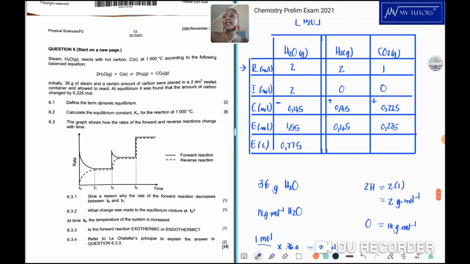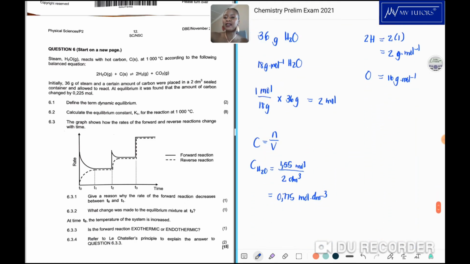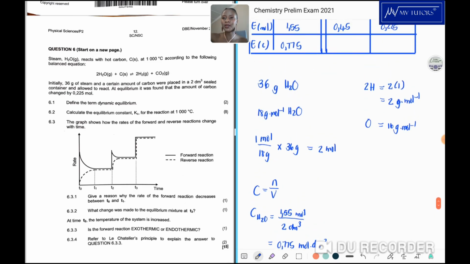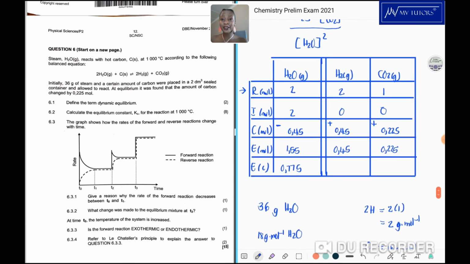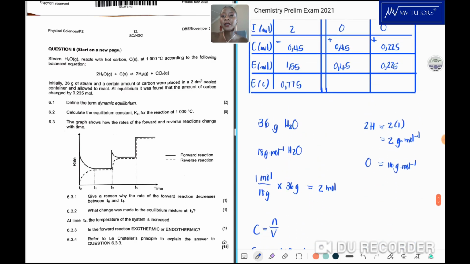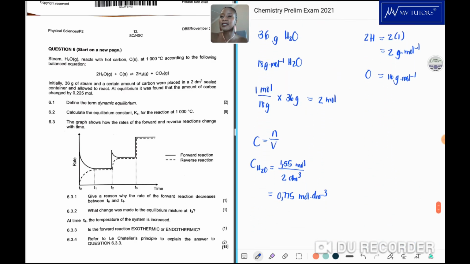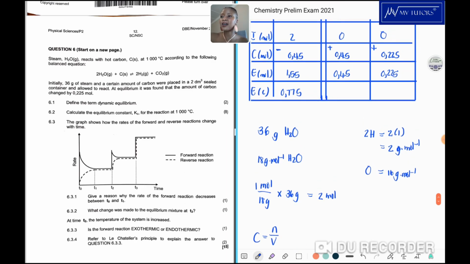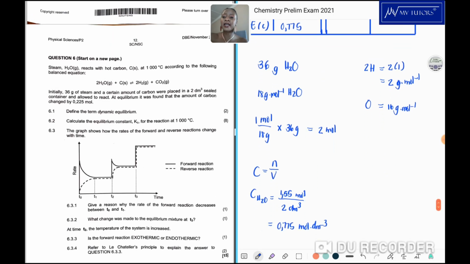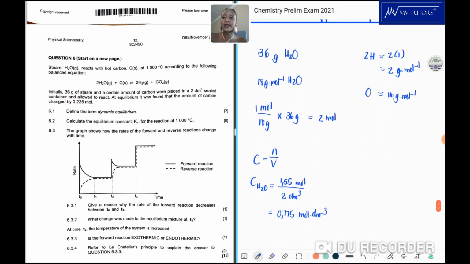And then what will the values be for hydrogen and carbon dioxide? Remember all of this is taking place in a 2 cubic decimeter sealed container. So you do the same thing as we did for the steam: take the number of moles and divide by 2.